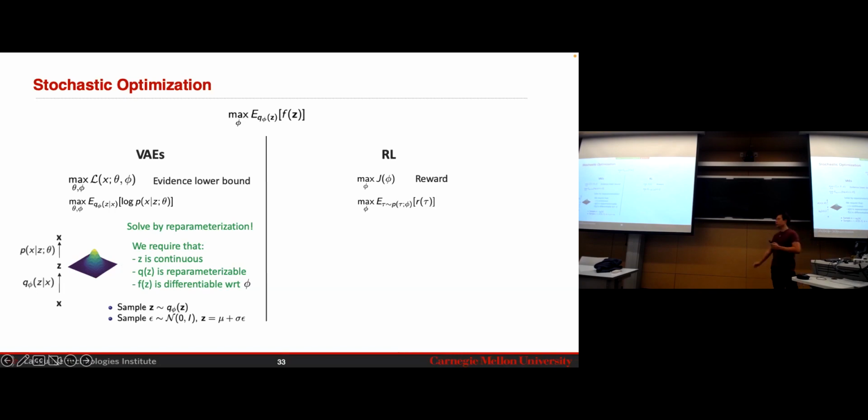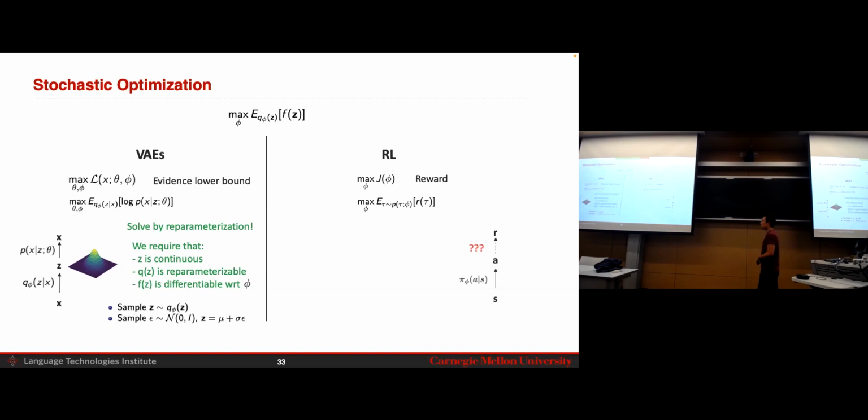And this is also a stochastic optimization problem. Phi are my policy parameters in reinforcement learning. My Z's, which are my latent variables in variational autoencoders, are now my trajectories in reinforcement learning. They're also sampled under a distribution told to me by phi. And the objective function F of Z is the reward of my trajectories in my long-term reinforcement learning horizon.